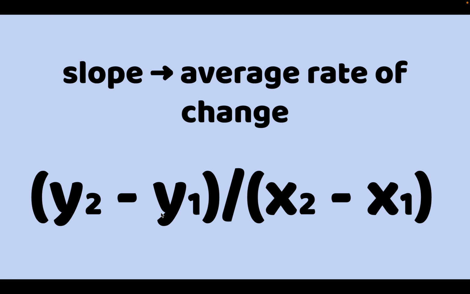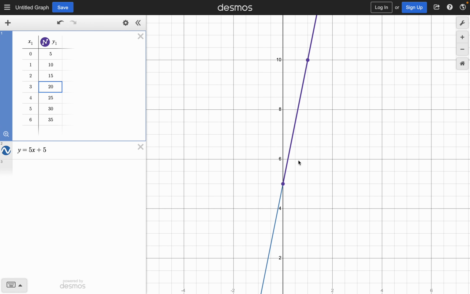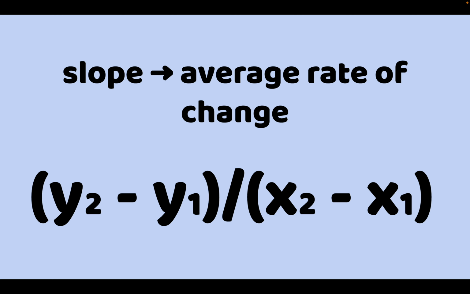And then this right here is another formula that you must memorize, which is y2 minus y1 over x2 minus x1 will give you the slope. So what is y2 and what is y1? So these subscript numbers 2 and 1, they're nothing fancy. They're just for example, if you have 2 points, let's say I use (2, 15) and (3, 20), then your x1 value would be 2, and then your x2 value would be 3.